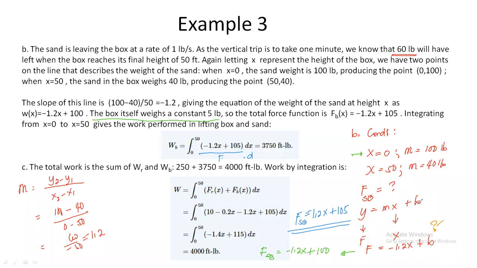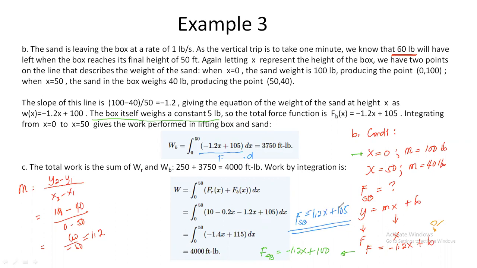That's it. But you need to modify it because if you just stick to the equation negative 1.2x plus 100, you did not consider the weight of the box itself. And the weight of the box itself is fixed. It's not changing whether your elevation is 0 or 50 or midway. It's still 5. That is why it's added to the constant, which is 100.